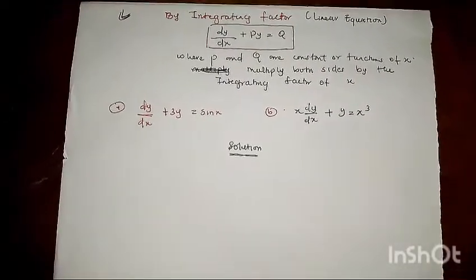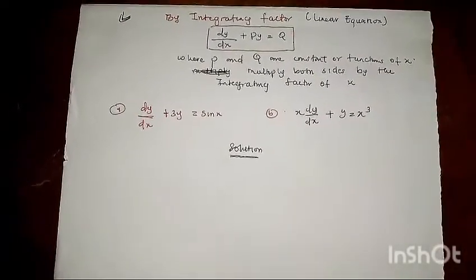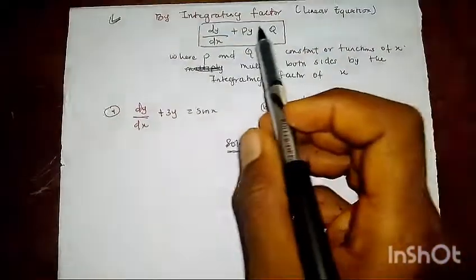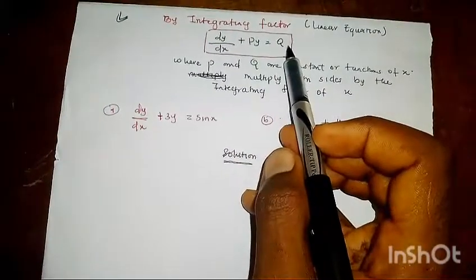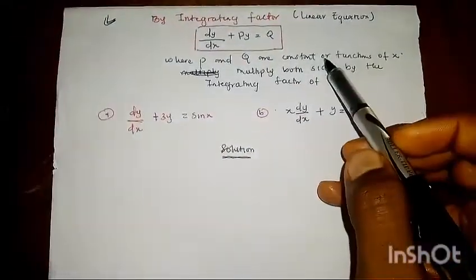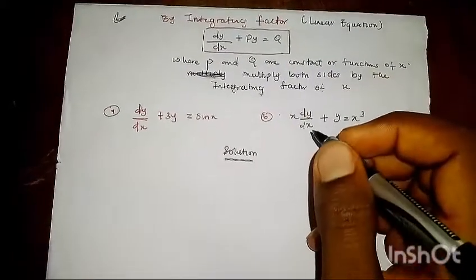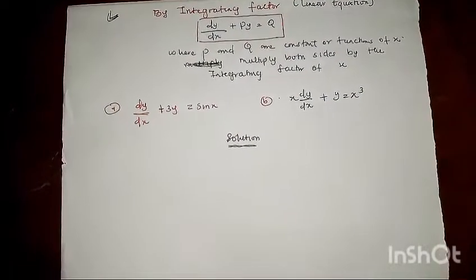So to solve a linear differential equation that follows this particular form, dy/dx plus py equals q, where p and q are constants or functions of x, what we have to do is multiply both sides by the integrating factor of x.